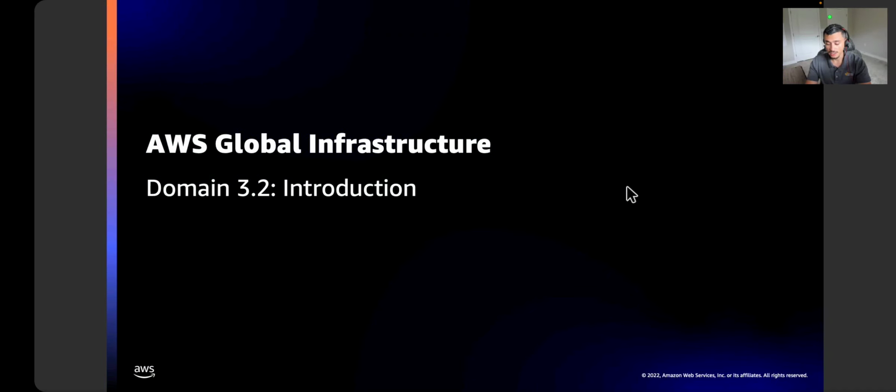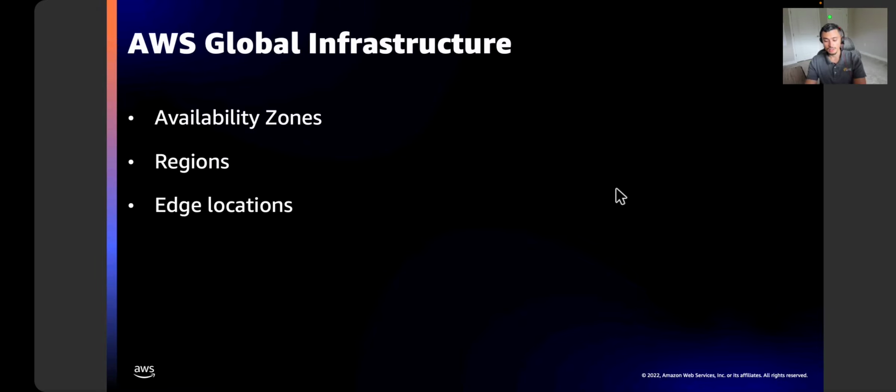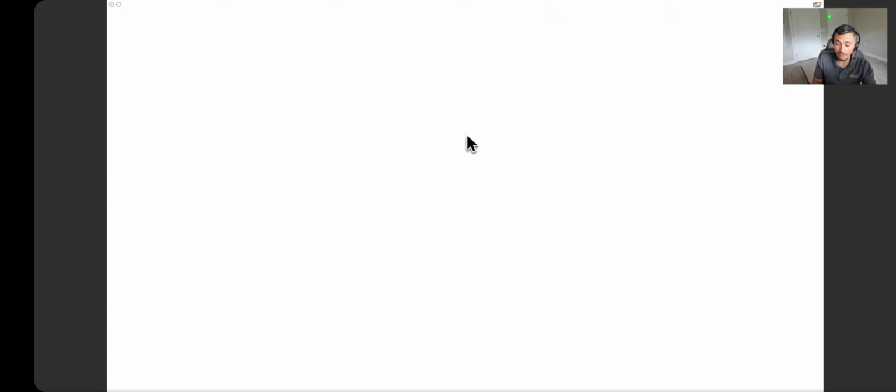All right, so perfect. Now let's talk about domain 3.2, which is all about the AWS global infrastructure. And to understand what the global infrastructure is comprised of, let's actually break this down into a hierarchical diagram, right? So we start with this idea of a region, right?